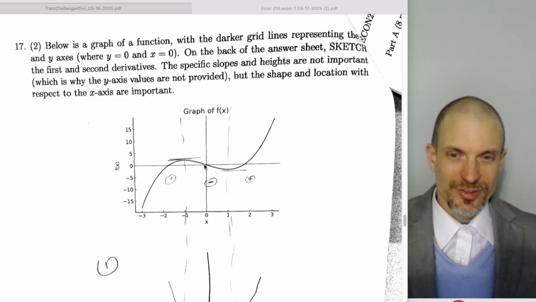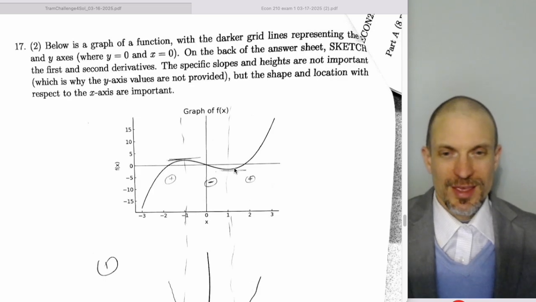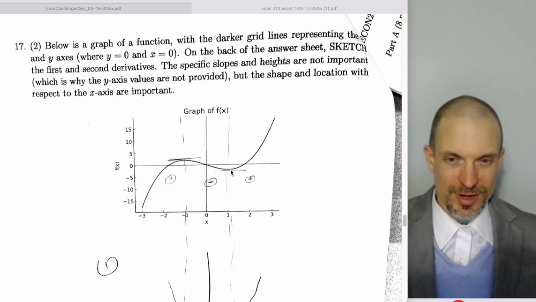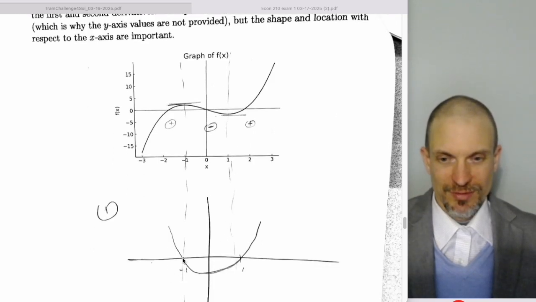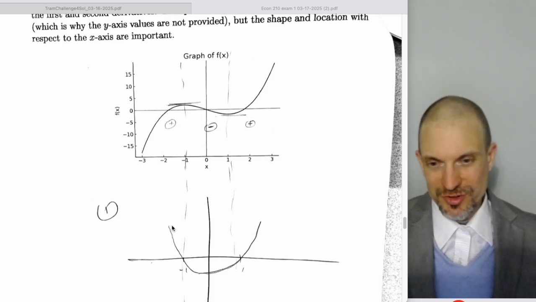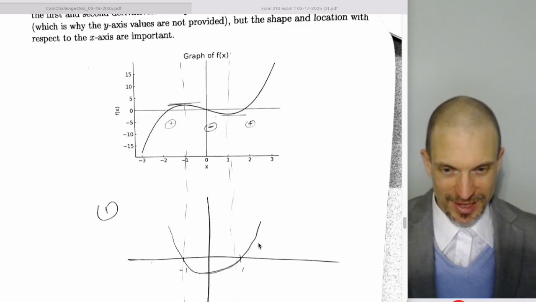Then it's decreasing, we have our inflection point, we have our local minimum, and then it's increasing again. So I'm going to get zeros at minus 1 and at 1. And then I have this thing, it's positive, then negative, then positive. So sure enough, I've got it positive, then negative, then positive.